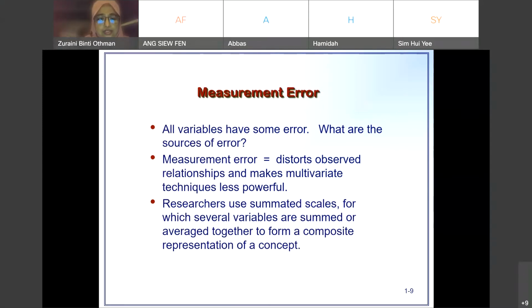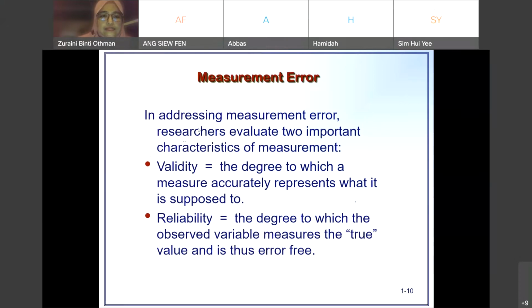If it involves error, it makes our multivariate technique less powerful. Researchers use summated scales, in which several variables are summed or averaged together to form a composite representation of a concept. Okay, this is measurement error.